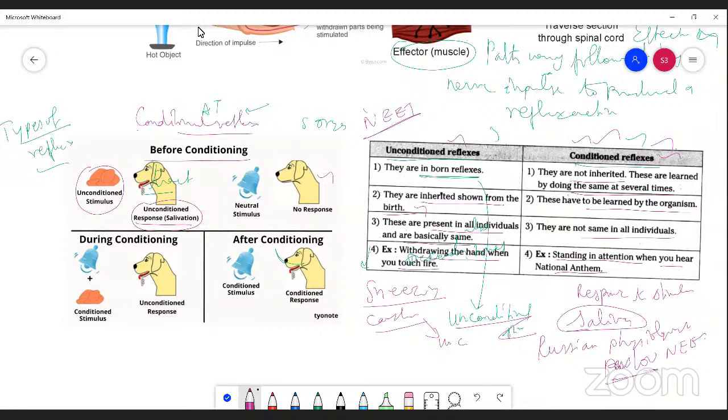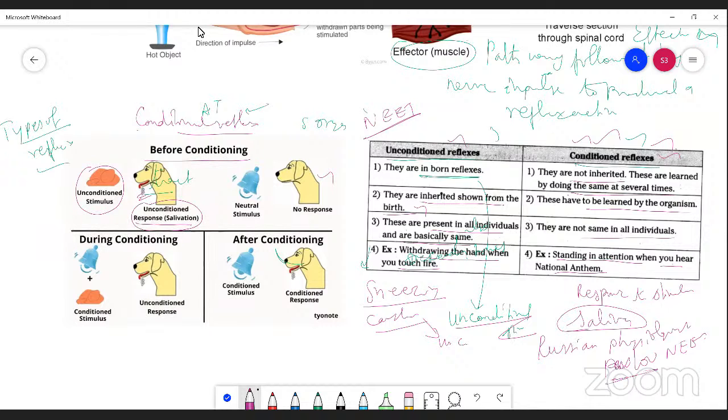Here food is there, so automatically the dog sees the food and produces saliva. That is the unconditional stimulus and the unconditional response. Seeing the food produces saliva, which is one of the inborn characters.